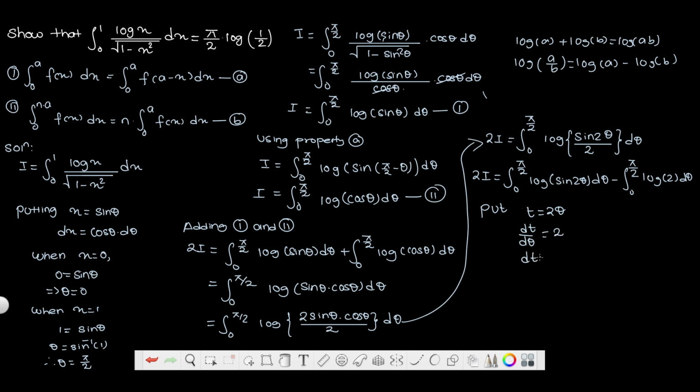Then we get d theta equals dt over 2. Now since we changed theta in terms of t, so we also have to change the limit of theta into the limit of t.